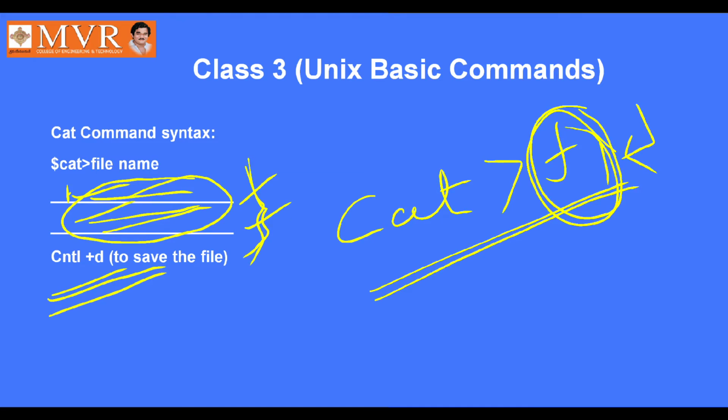Okay, so what is the syntax? Cat greater than file name. Once you enter cat greater than file name and then press enter, it will wait for the response from the user. Whatever information you give in this place will be stored once you press Ctrl D. Okay.